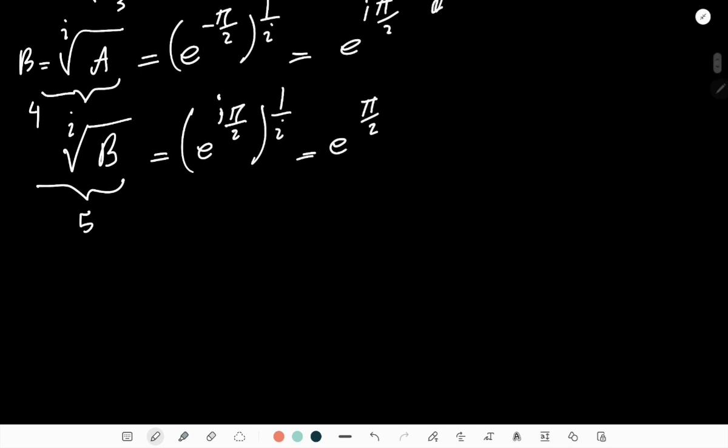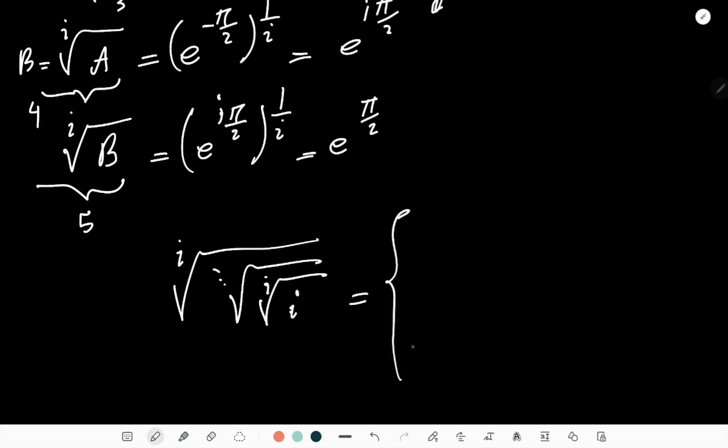So the general formula for that nested radical, the ith root of i, all the way, will be e to the power of pi over 2 for 4k plus 1, where k belongs to the naturals, let's say k starts from 0 and goes all the way to infinity.